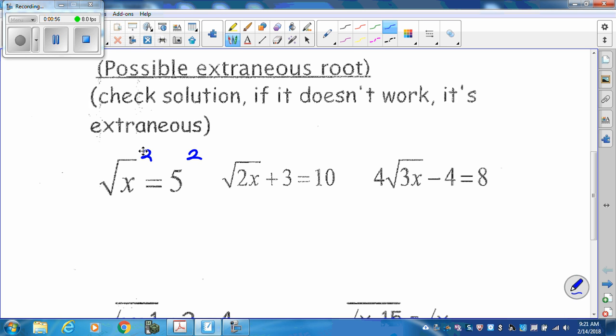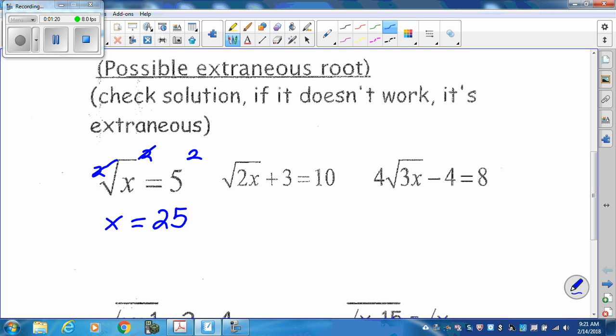Remember, squaring and the square root are inverses. So what I have is x equals, and then 5 squared is 25. All right? Very good. And then now I'm going to do the same thing here.